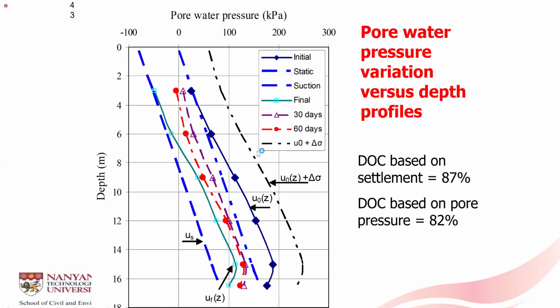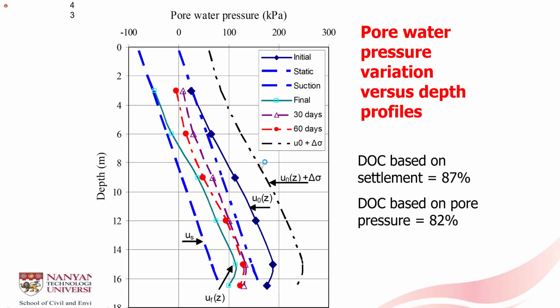That would be the pore pressure with the excess pore pressure generated by the surcharge. And if you wait for the end of the consolidation, the pore pressure will come to here.